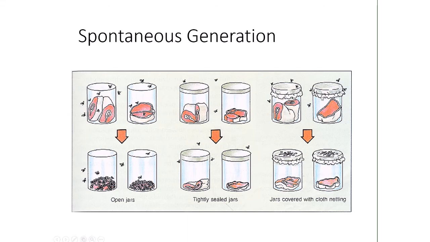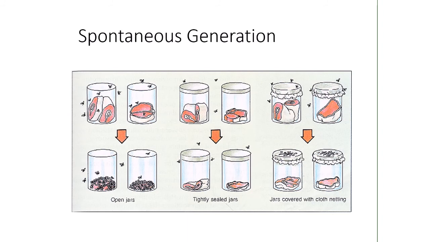So that's the experimental setup, and here the standardized variables would be the meat, the exposure to flies, and presumably how much meat he used and the type of meat he used.